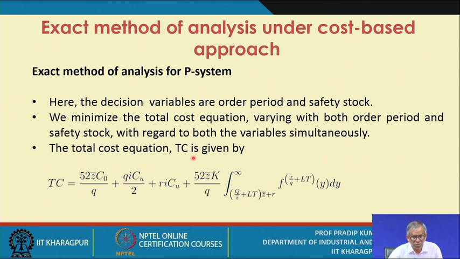The total cost equation TC is given by this one. This is for the average demand, that is the ordering cost. This is the inventory carrying cost for the average demand, and R is basically the safety stock with its carrying cost, and this is essentially the out of stock cost.